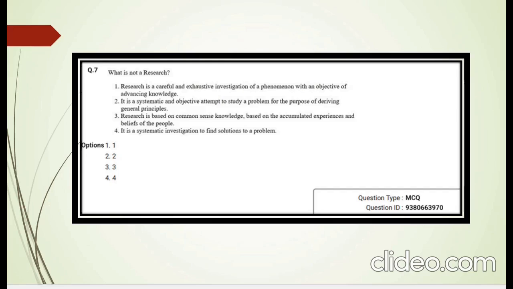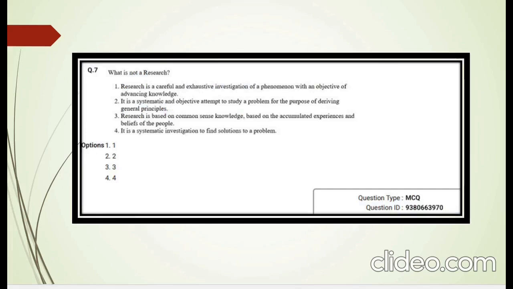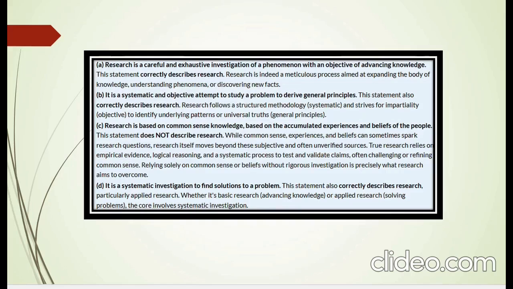Third option, research is based on common sense knowledge based on accumulated experiences and beliefs of the people. Fourth option, it is a systematic investigation to find solutions to a problem. So you are given options 1, 2, 3 and 4. So what do you think is the answer?